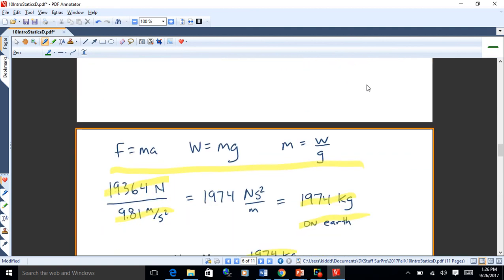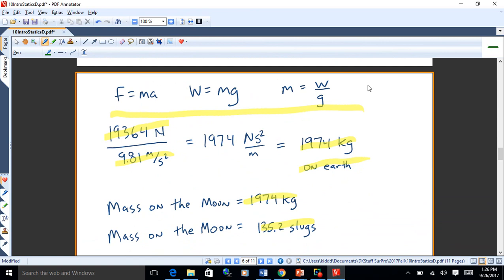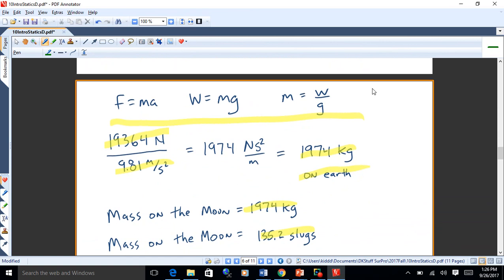All right, now I can run that formula backwards and divide gravity out, and that will get me the mass. So if I take the weight in newtons, the 19,364, and I divide it by the metric system gravity, I'll get the number of kilograms, 1974.